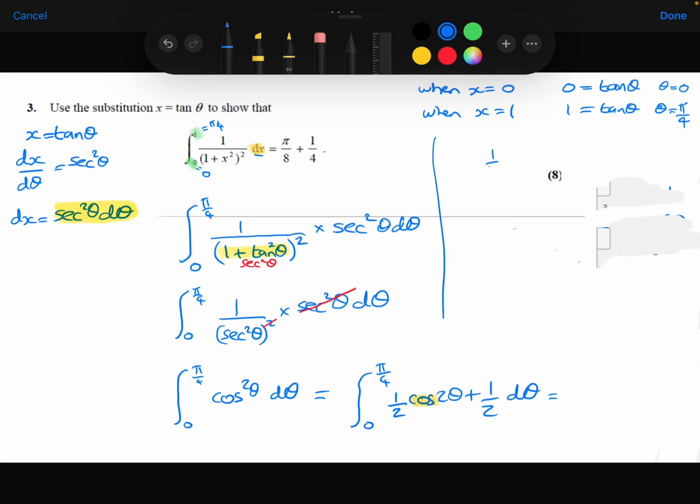So I'll get 1/2 sine 2 theta, but I'm going to have to divide by 2 because of the reverse chain rule, the 2 on the inside there. So dividing by 2 will actually make the coefficient be 1/4 and not 1/2. So this 1/4 sine 2 theta is me integrating the cos term. Now integrating the half term, the half will just integrate to be 1/2 theta.